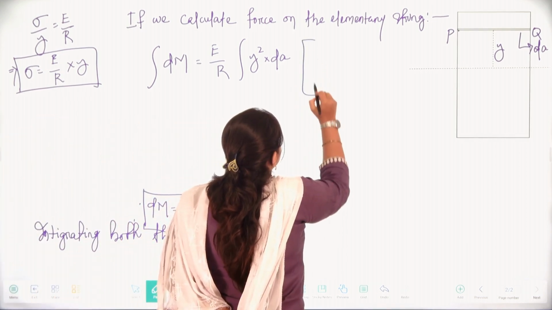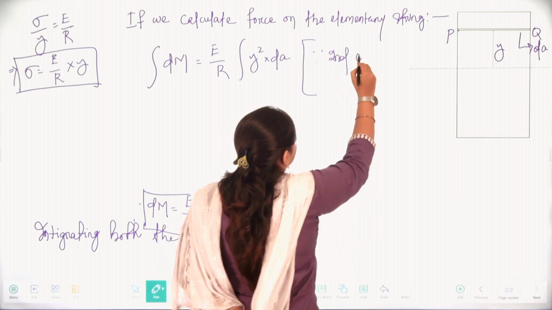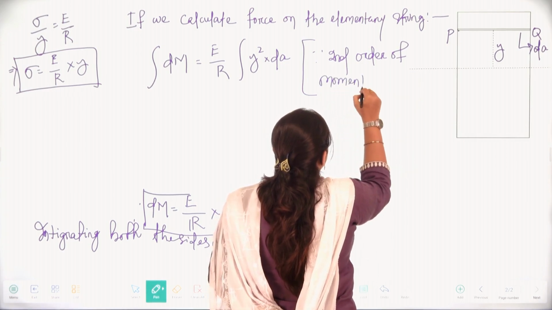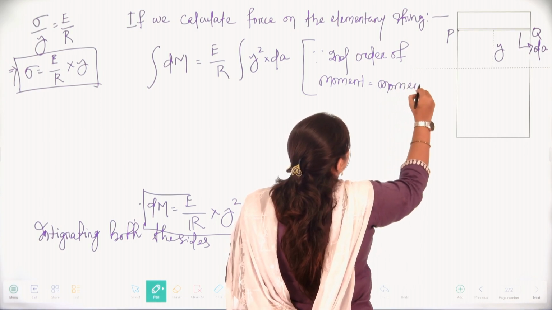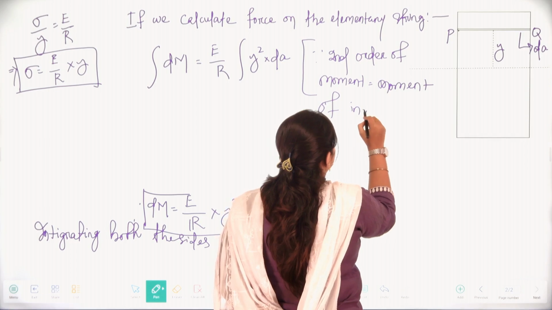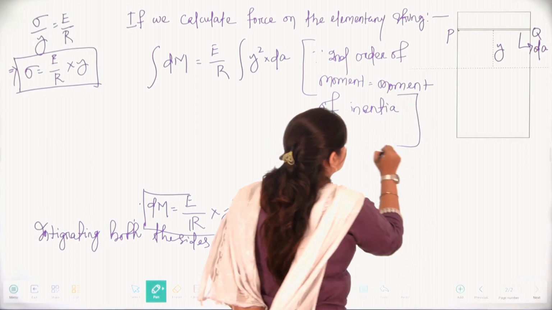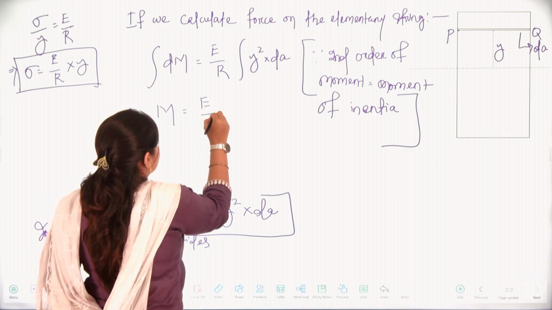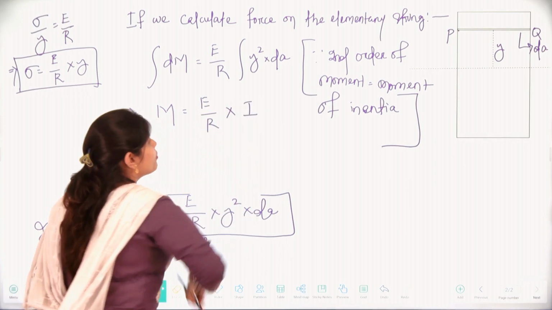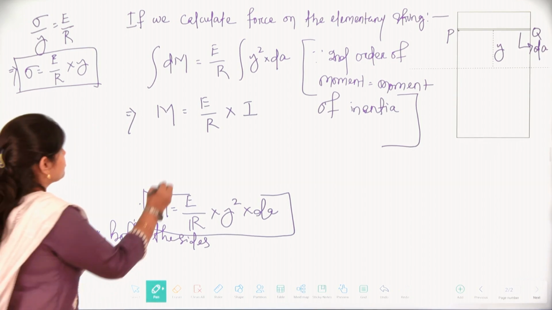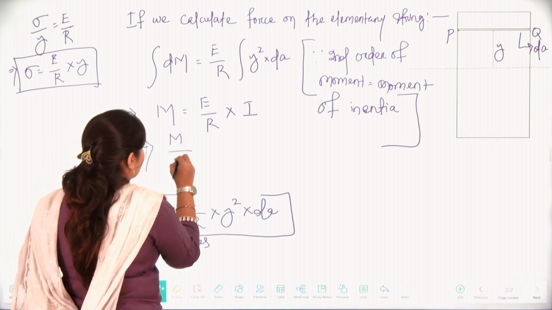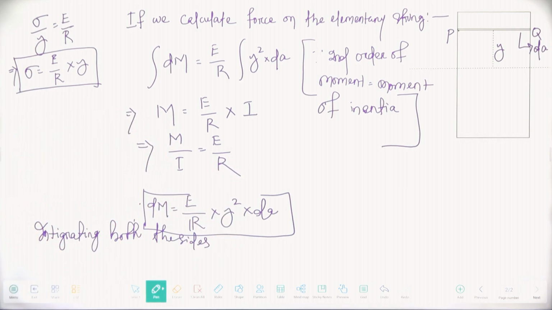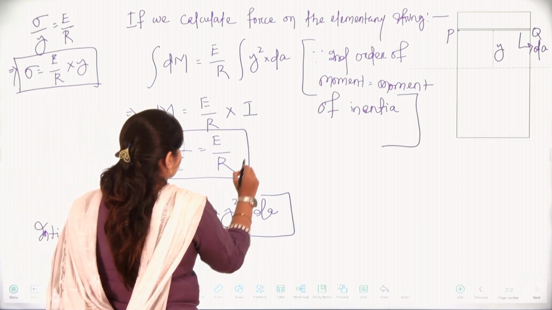We know that the second moment of area is equal to the moment of inertia. So we can write M equals E by R into the moment of inertia I. Now we can write M by I equals E by R. This is your second bending equation.